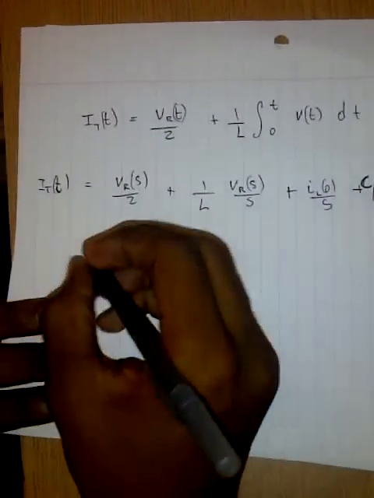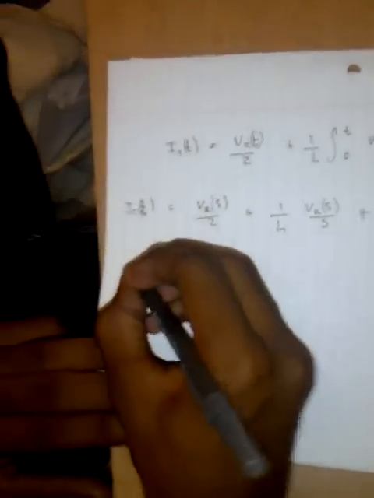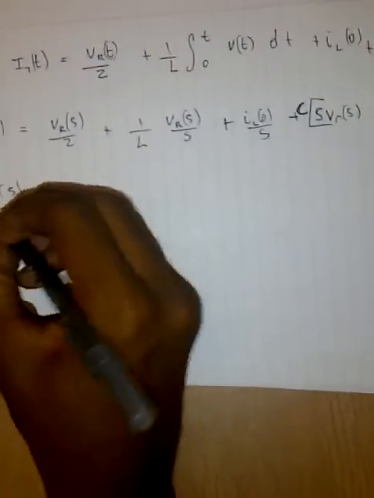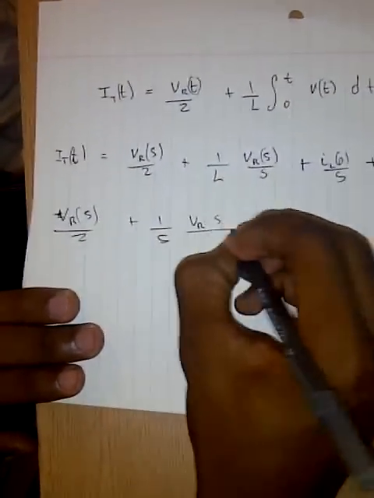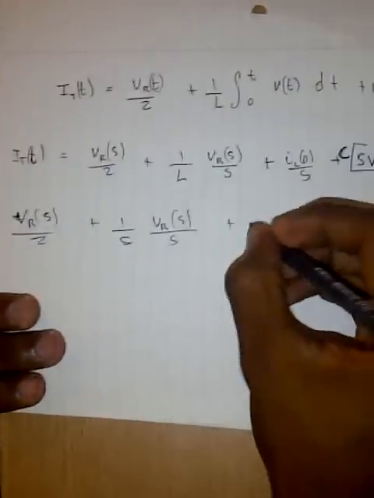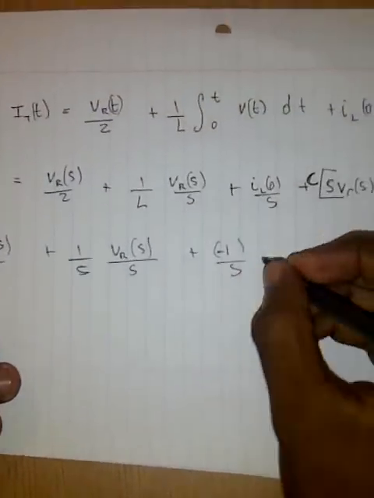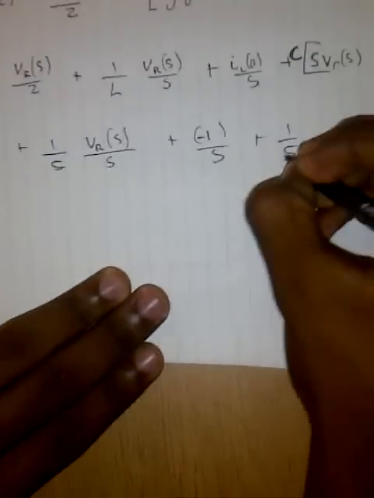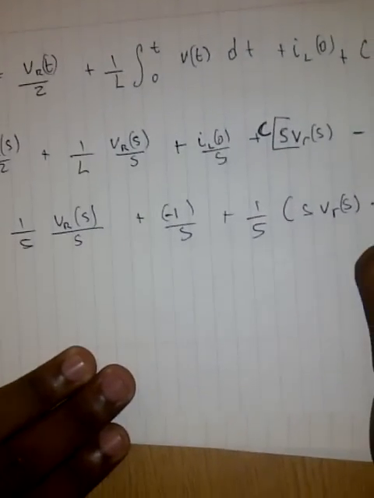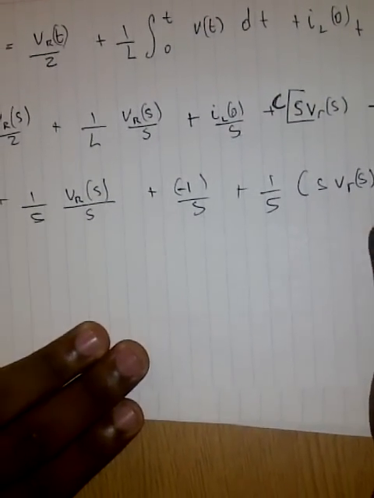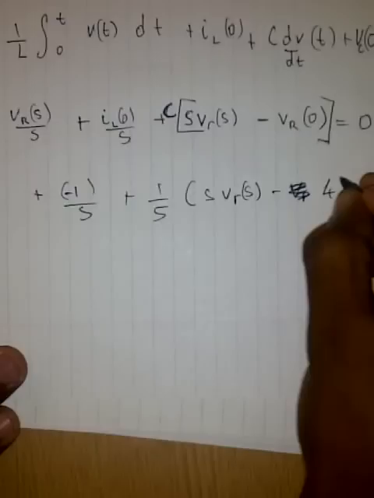Then from there we know that the new equation is VRS over 2 plus 1 over 5 VRS over S plus negative 1 over S plus 1 over 5 SVRS minus VR, not VR0, because we had the value for that, which was 4 volts, equal to 0.